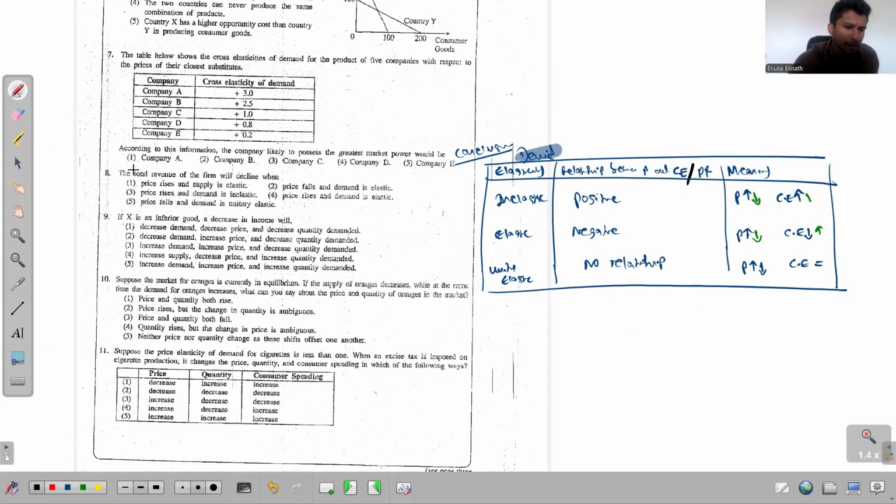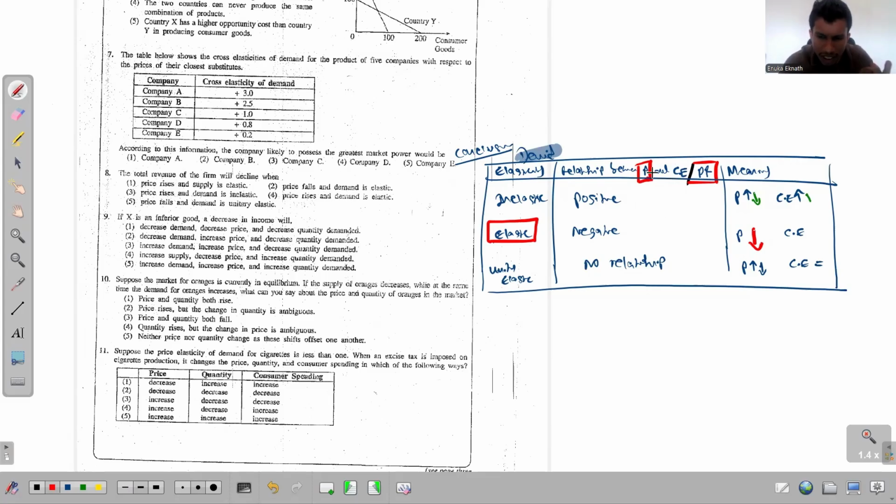All right, now let's read this question once again. It says, the total revenue of the firm will decline when, okay, just start from the second one, price falls and demand is elastic. Now look at this, demand is elastic, and the price falls. What's the relationship that exists between P and the producer's revenue?